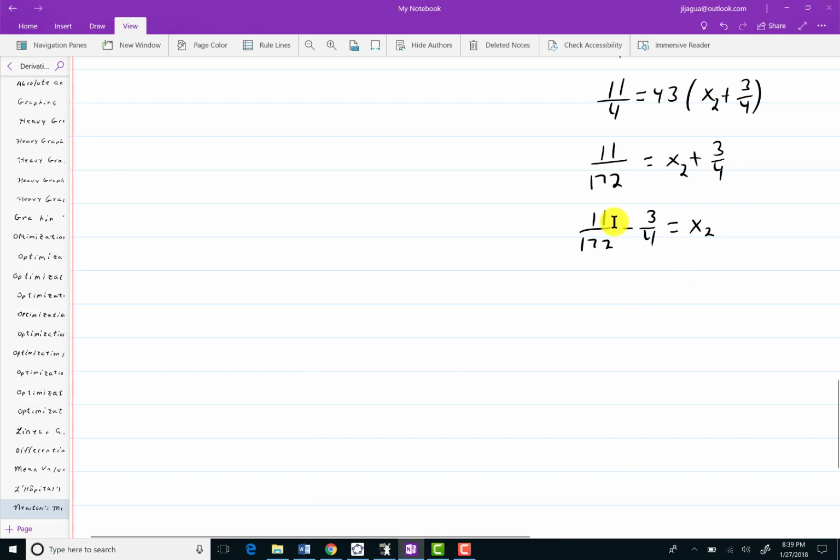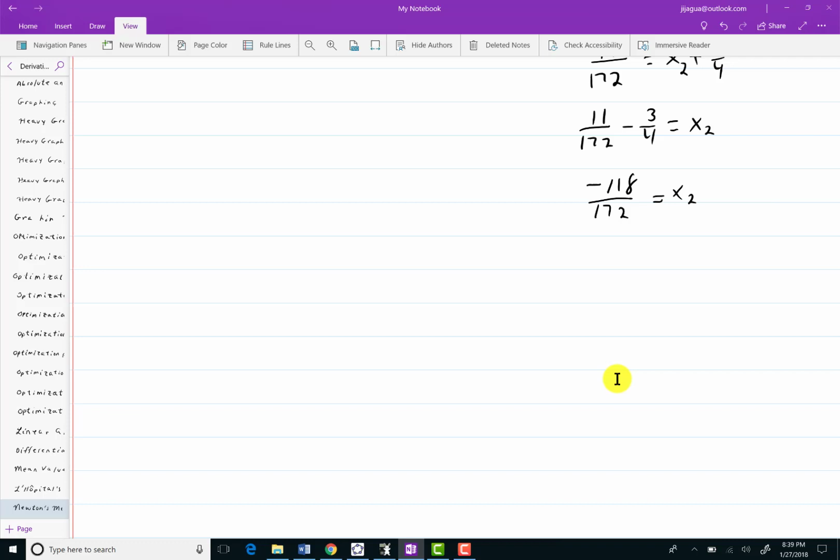And we end up with, if I get this to a common denominator, 4 goes into this 43 times, I already know that. 43 times 3 is negative 129. So this is going to be negative 118 over 172 equals x2. I don't mind simplifying it. Negative 59 over 86 equals x2.